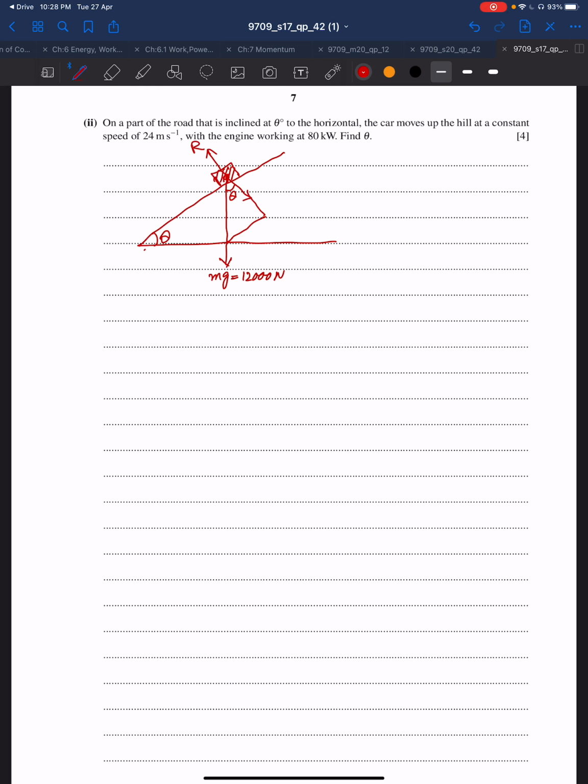This is the vertical component, which is mg cos theta. So this is 12,000 cos theta. And this is the horizontal component. This is mg sine theta. This is 12,000 sine theta. Right.